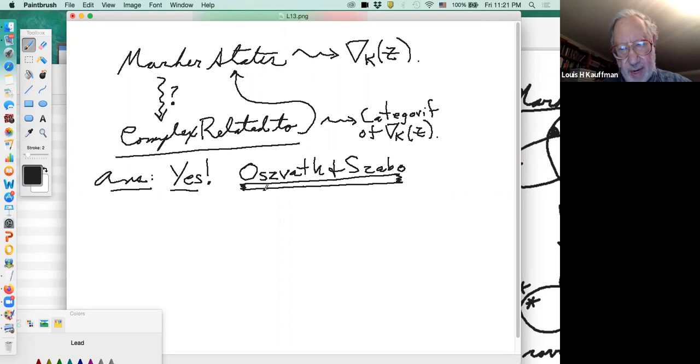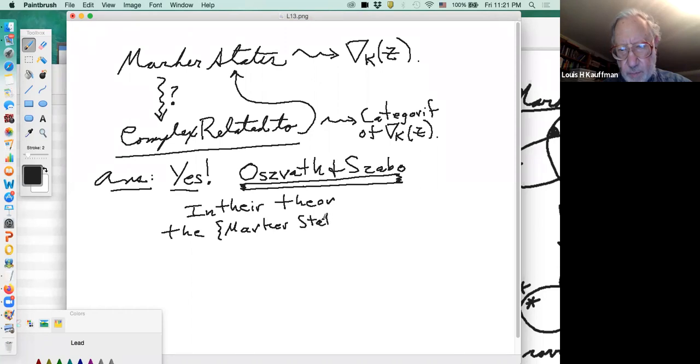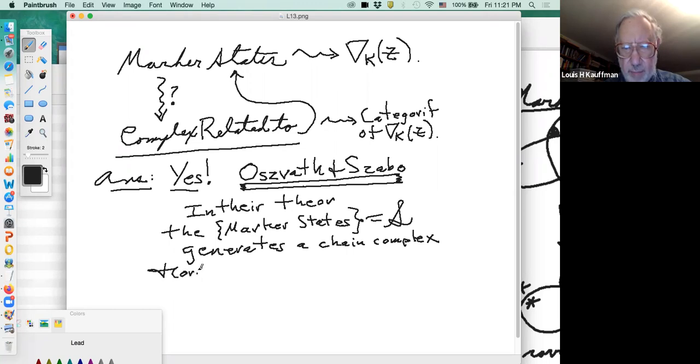But in their theory, the set of marker states, let's call it S, generates a chain complex, and originally the boundary, taking the module generated by these states to itself.